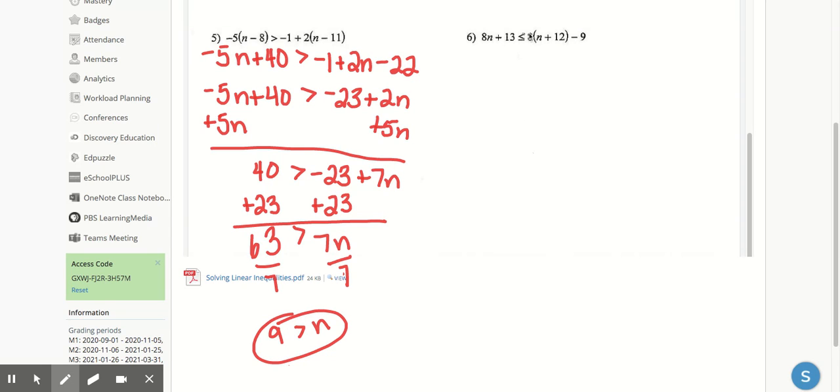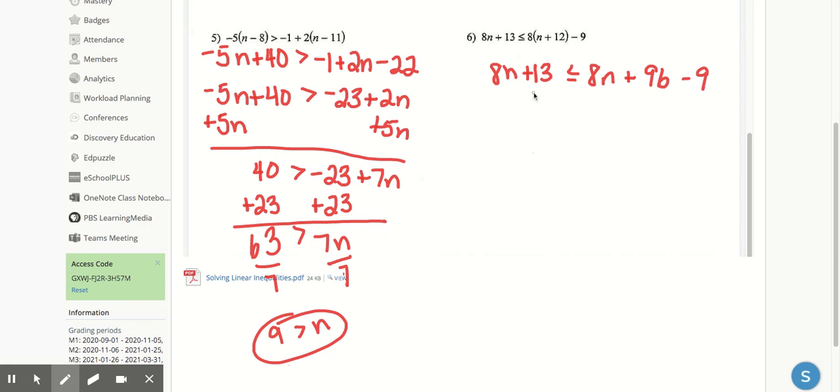So one more over here. This time we're only distributing once. We have 8n plus 13 is less than or equal to. Distributing 8 over here, that's going to be an 8n. And then 8 times 12 will give us a 96. And then minus 9.